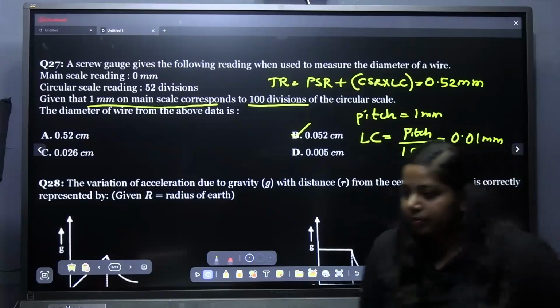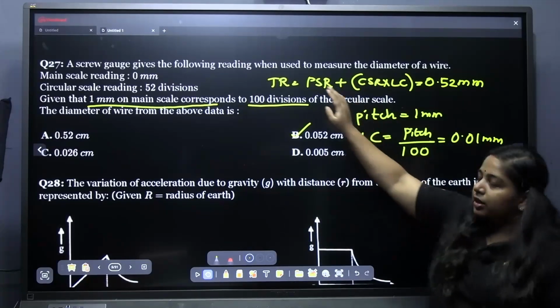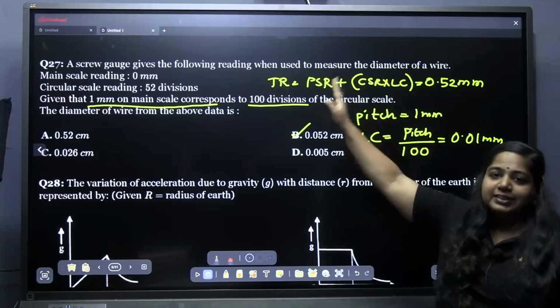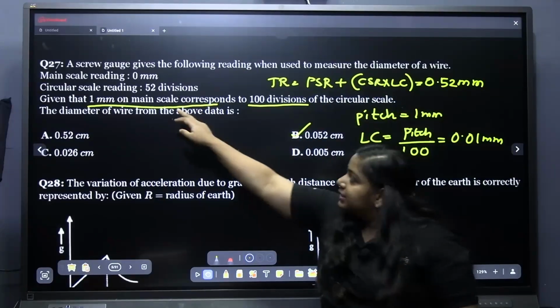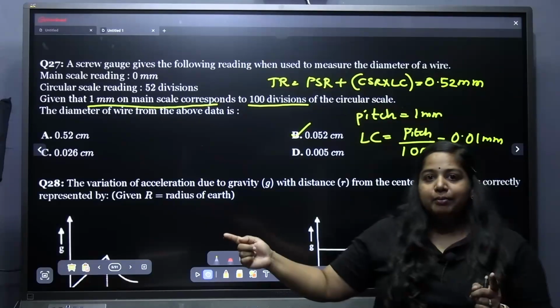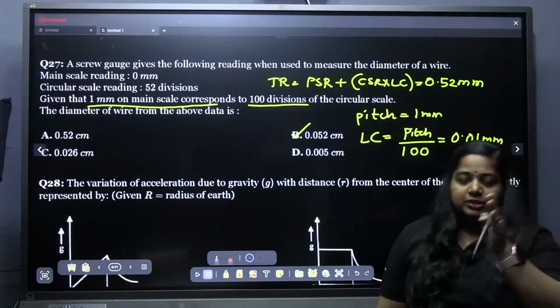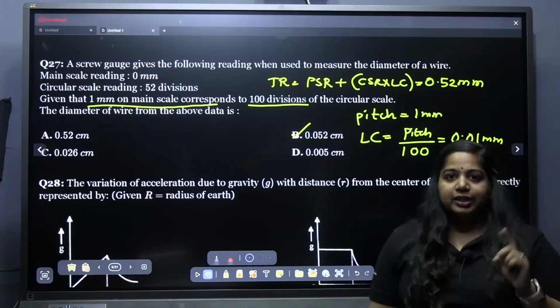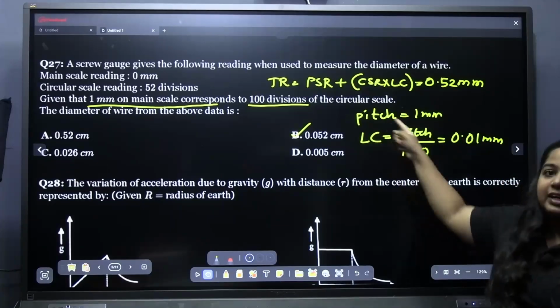Is that clear? Okay. Total reading equals main scale reading plus circular scale reading into LC. From the sentence that one rotation equals 1 millimeter, we get pitch equal to 1 millimeter. Pitch is distance by number of rotations, and once we get pitch, we can find least count.